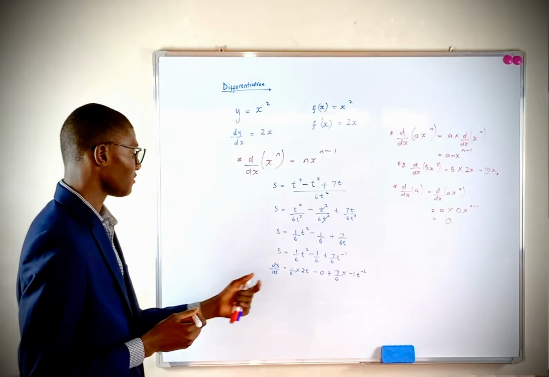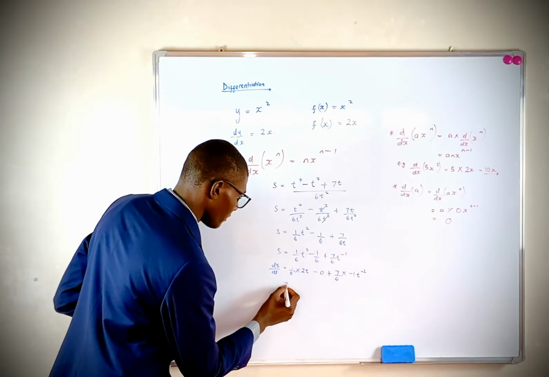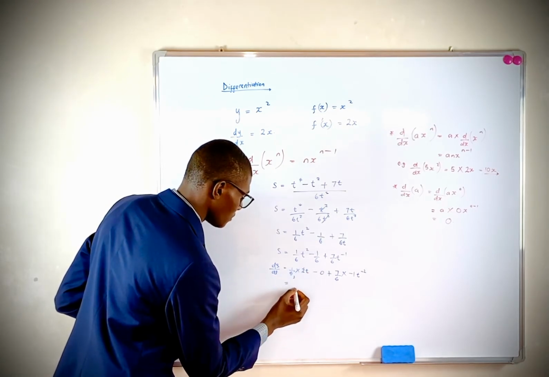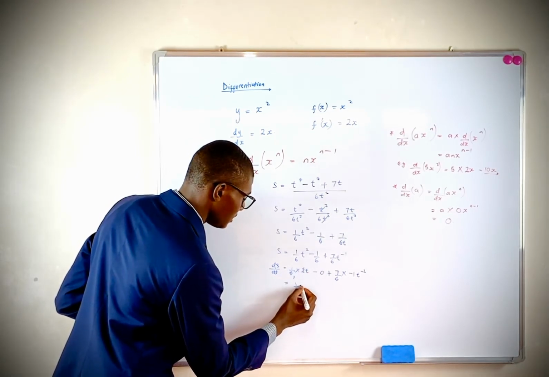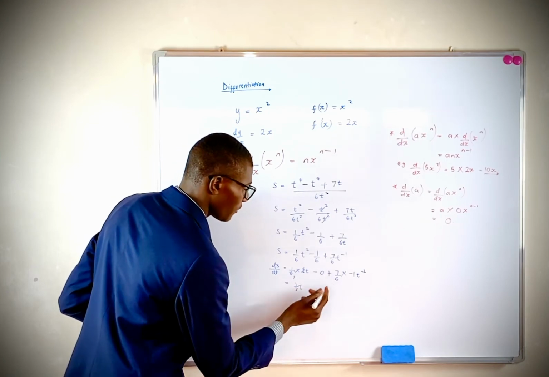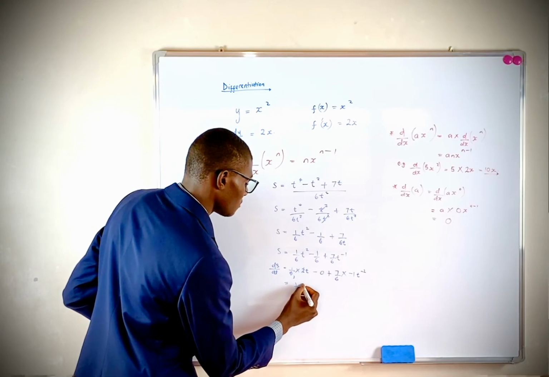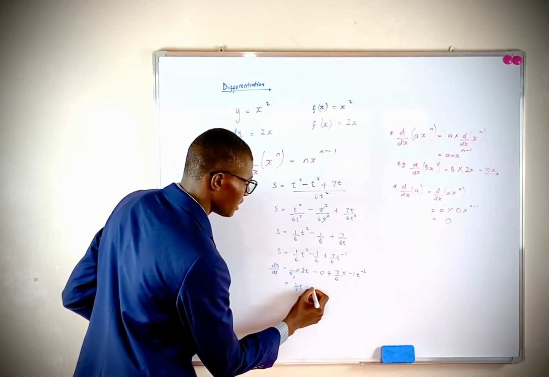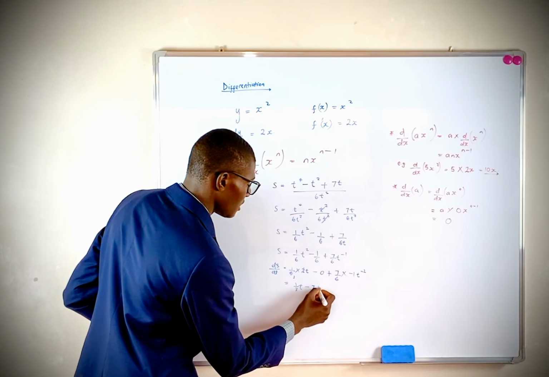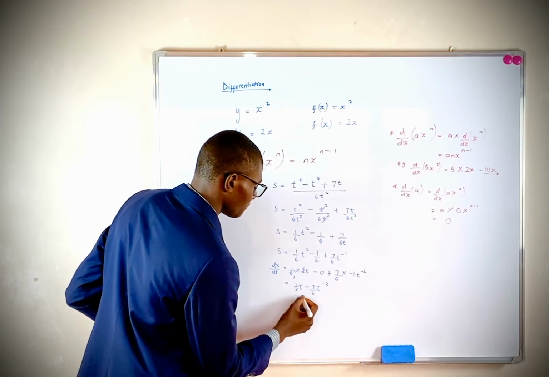So now if we simplify this, we get 1 over 3t, that's a 0, and then plus and the minus will give us a minus. So 1 over 3t minus 7 over 6 t to the power of minus 2.